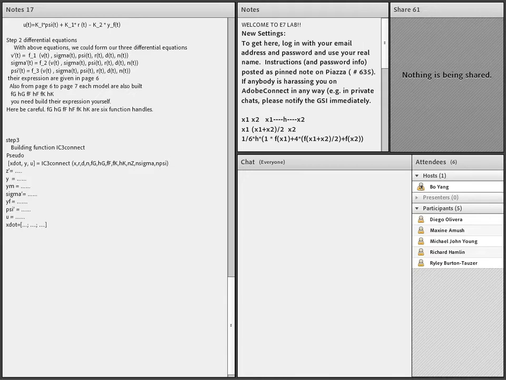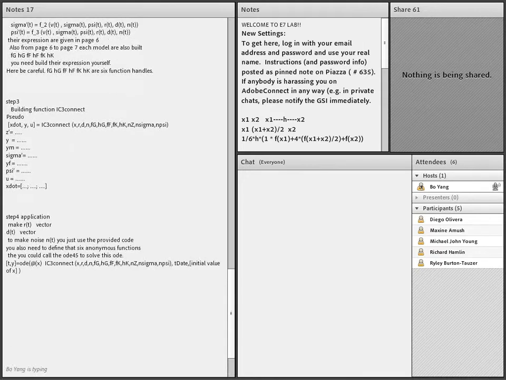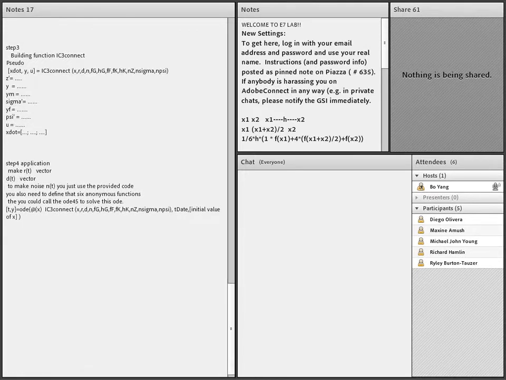After this step, we are going to look at the application of this model. So in problem B, we are asked to simulate the interconnection for a certain group of inputs and initial conditions.